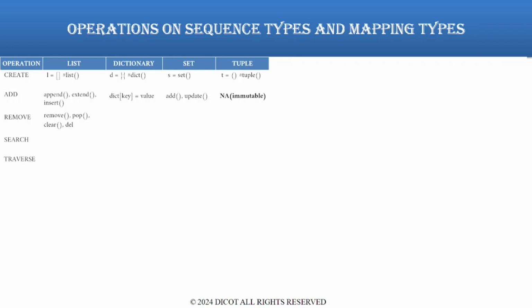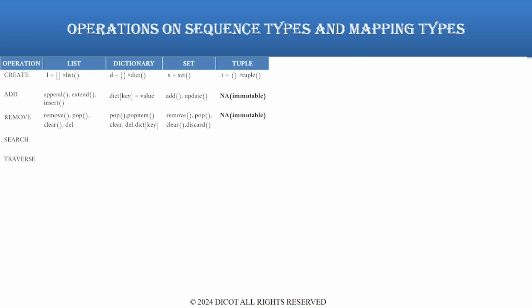To remove an element in a dictionary, use pop, popitem, clear functions, or the del operator. To remove an element in a set, use remove, pop, clear, and discard functions. Tuples are immutable, so we cannot remove elements from a tuple.